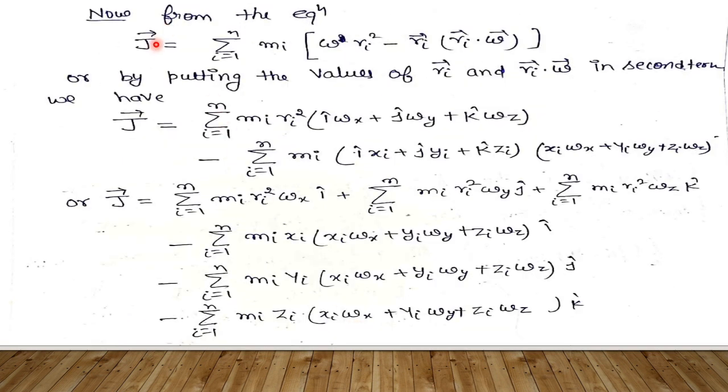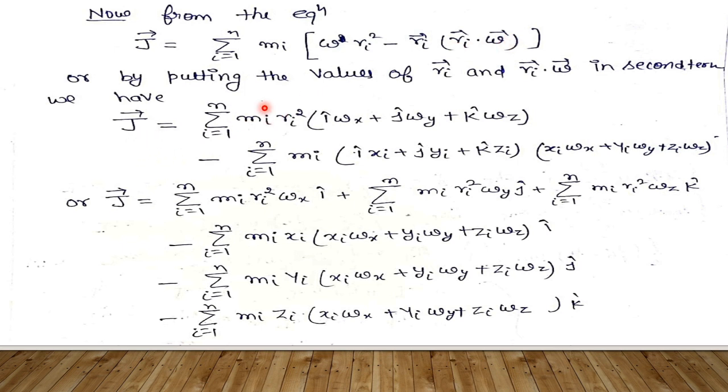Now the equation of J is summation i equals 1 to n of m_i, and this is from the previous slide. Now we will put the values of r_i and omega. So what will the equation be?